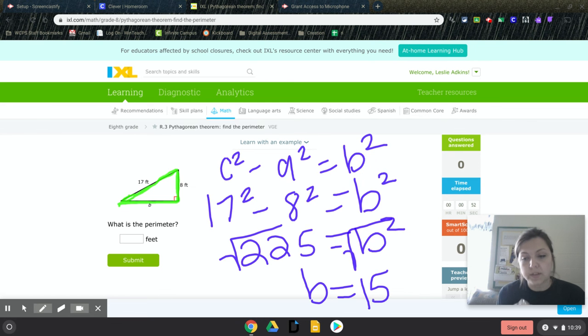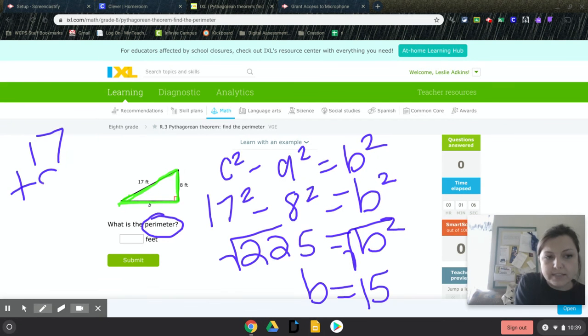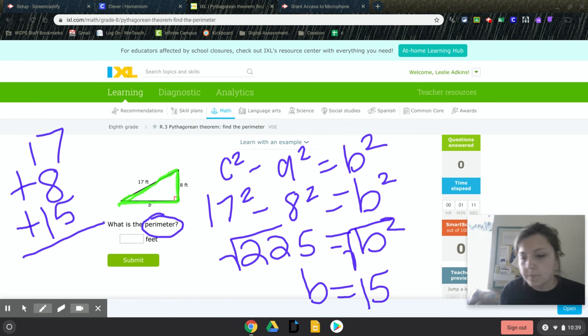That's not the answer, and that's what we keep doing wrong on our test. We keep saying the answer is 15. But the question said, what is the perimeter? So when it asks for the perimeter, we have to add up all of our side lengths. So 17 plus 8 plus 15 gives us 40.